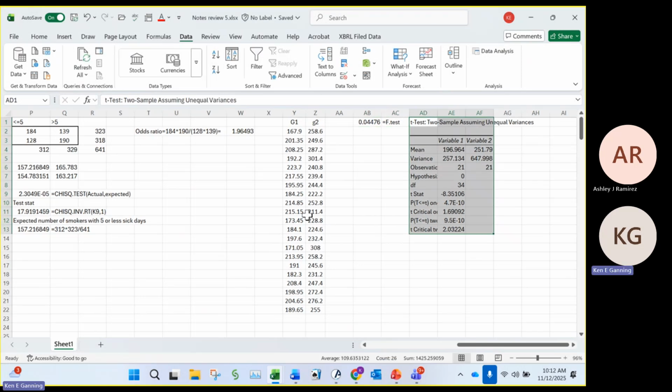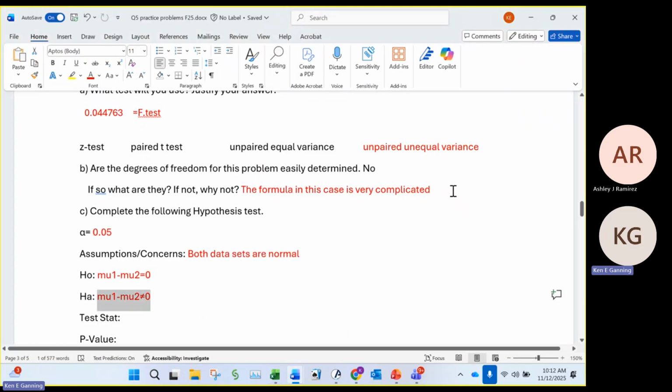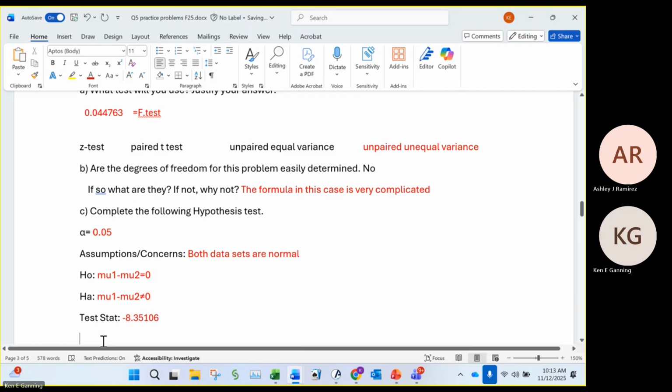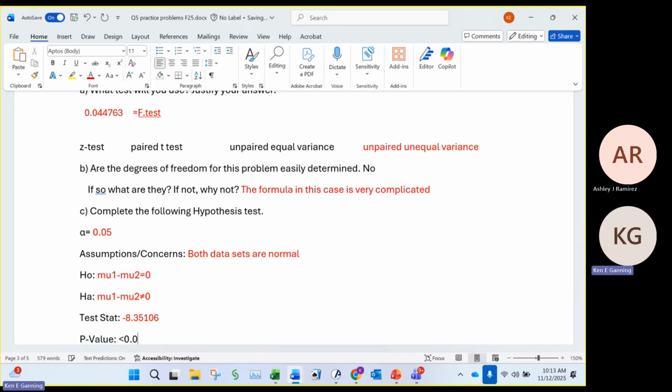And there I have my answer. I have my test stat. And again, if you wound up with the positive version, it means you used 2, then 1. Not really an issue. It would be an issue if we had a greater than, but as long as we got our p-values right, we should be fine. Our p-value again will be less than 0.0001. Reject.